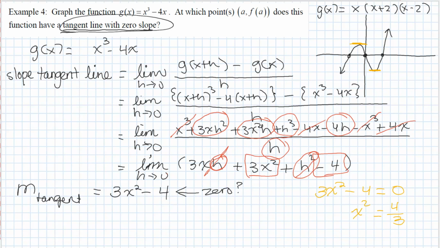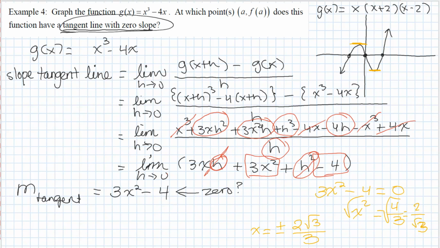Square root both sides. X is going to be plus or minus the square root of 4 over the square root of 3. And then we're going to rationalize that. And when we rationalize that, we have 2 square root of 3 over 3.